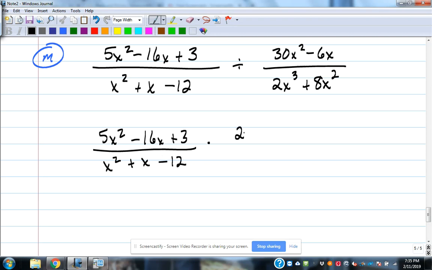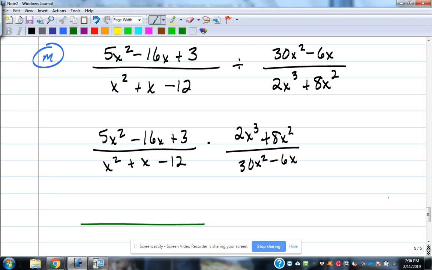And then the second one becomes 2x cubed plus 8x squared over 30x squared minus 6x. So flip it, it becomes a multiplication problem, which means I do it the same way we just did the last 14 problems. And we're just going to factor it. Okay, so once you flip the second one, factor.